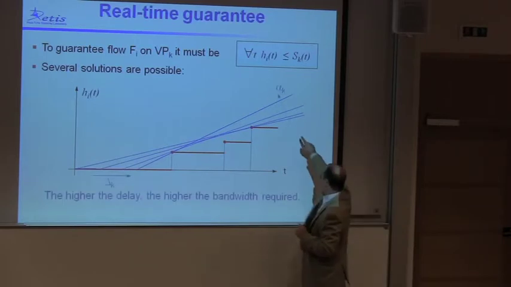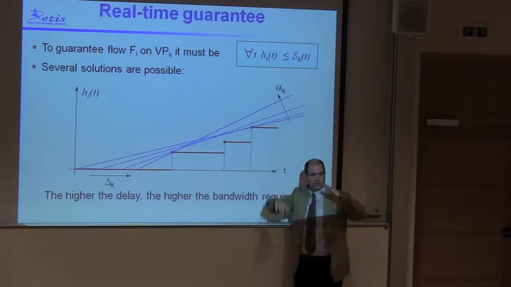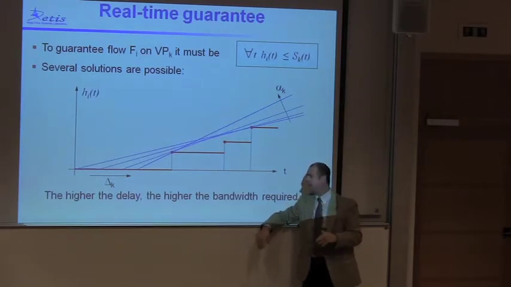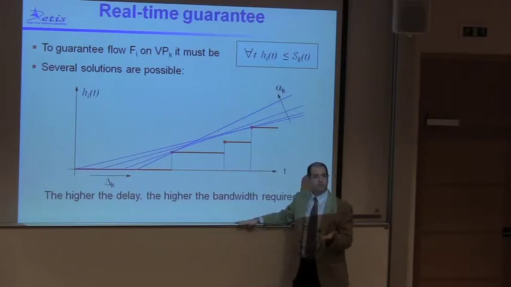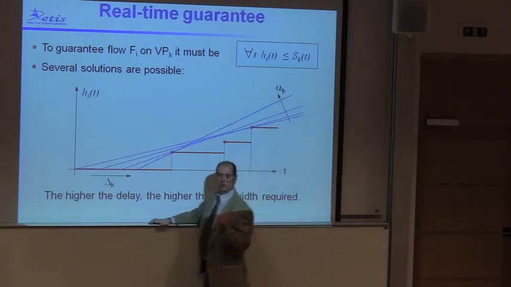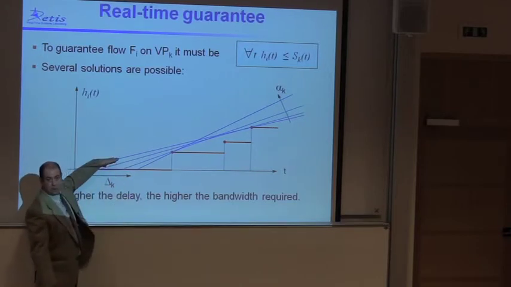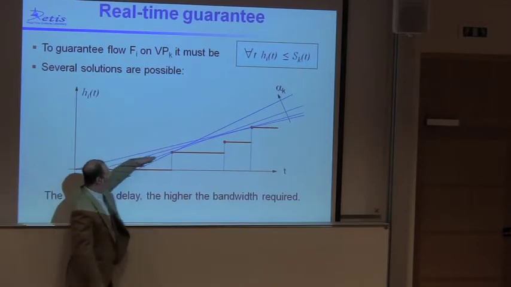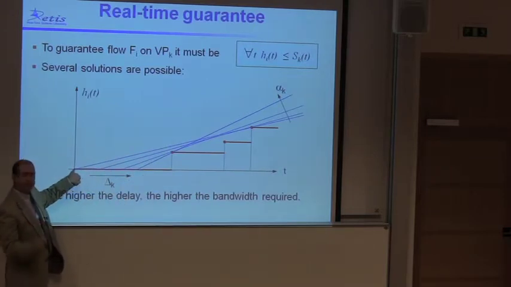But then there are other possible feasible solutions. For example, this one is characterized by much less bandwidth, because the slope is proportional to the bandwidth. So clearly, among all these possible solutions, the one that consumes less bandwidth is the one with the least slope. Okay? However, the least slope is characterized by zero delay.